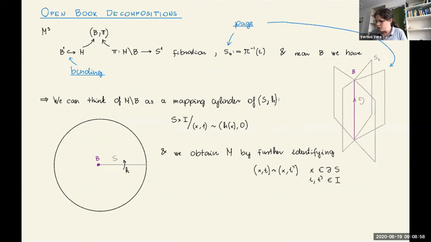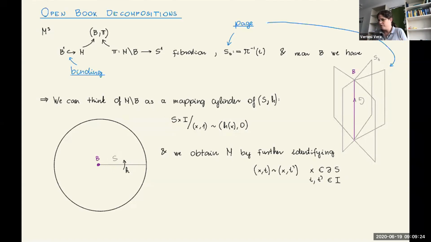Okay, and then another way you can think of open books is as mapping cylinders. You take the preimage of one point, maybe the preimage of the point 0, you call that S, and you cross it with an interval, and you factor out by the first return map.